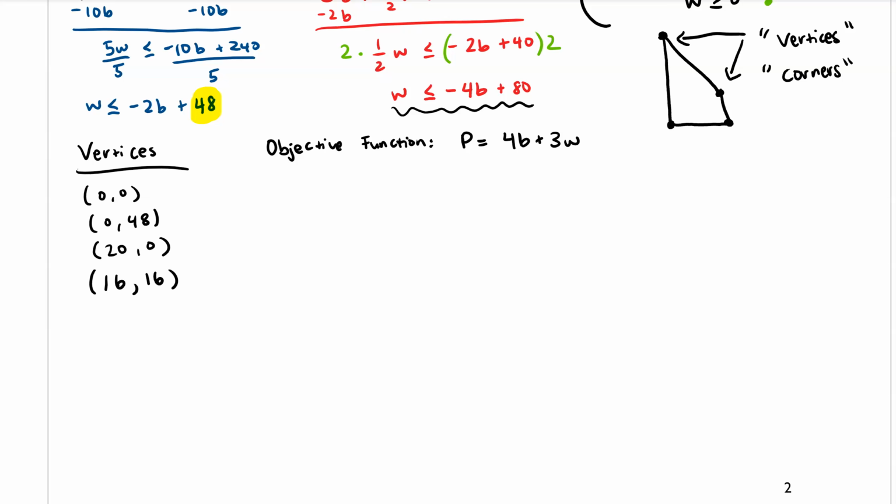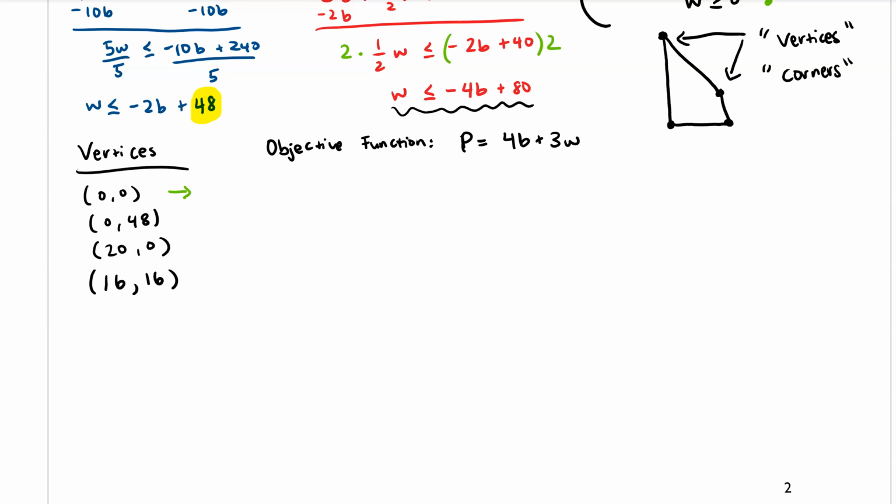And it turns out that in every situation, like when we're doing linear programming like this, our solution that's going to give us the maximum or the minimum is going to be one of the ordered pairs that is a vertex or corner. So we have our 4 listed here, and now we just plug and chug and see which one gives us the highest profit.